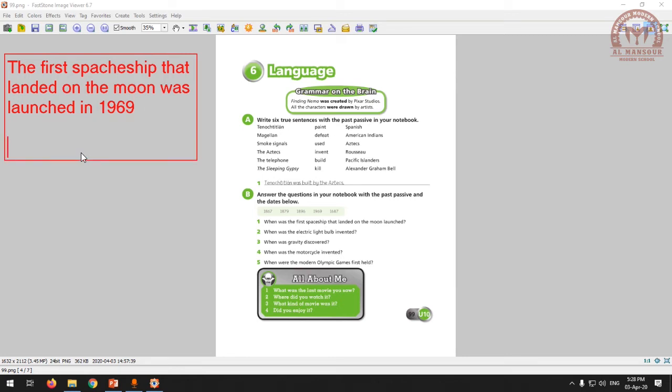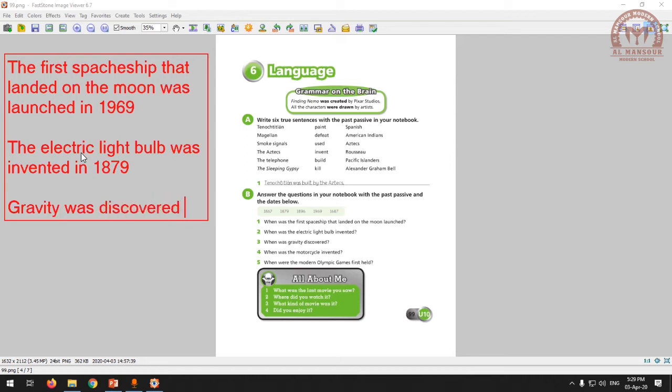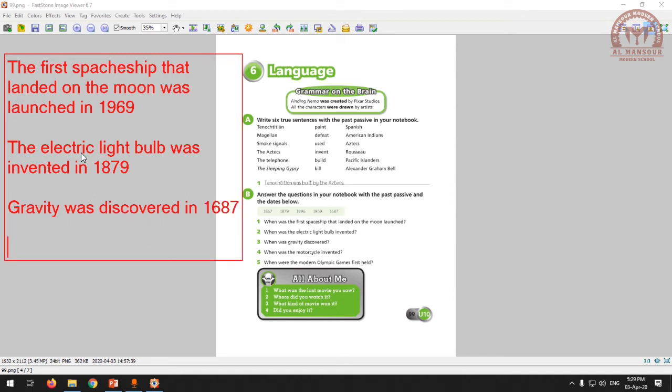The second sentence, when was the electric light bulb invented? The electric light bulb was invented in 1879. Okay. Gravity was discovered in 1687. When was the motorcycle invented?